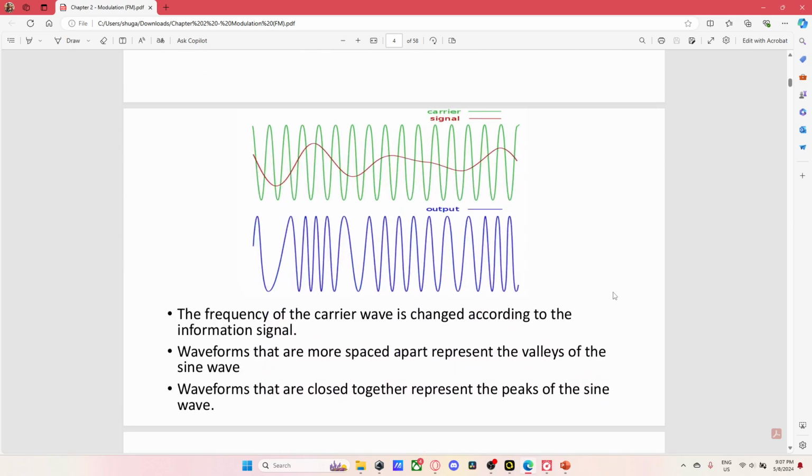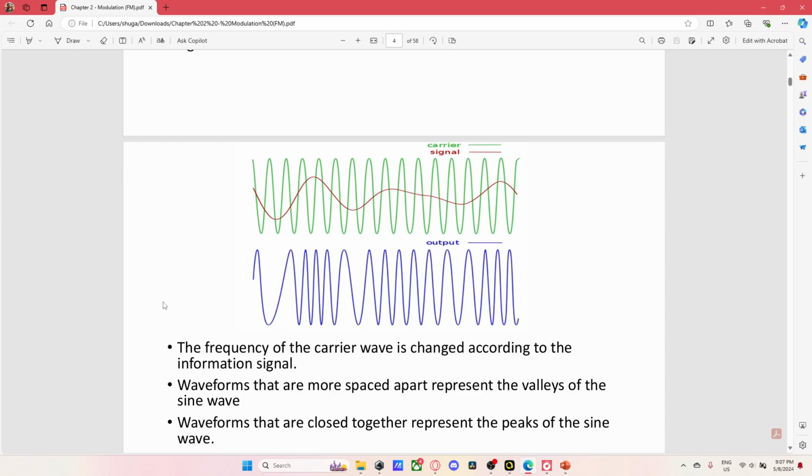So this is how a diagram for FM should look, where the green sine wave over here is your carrier signal, while the red one is your modulating signal.